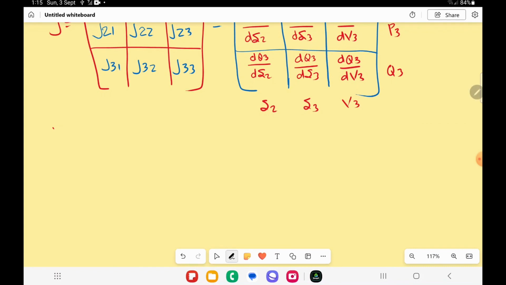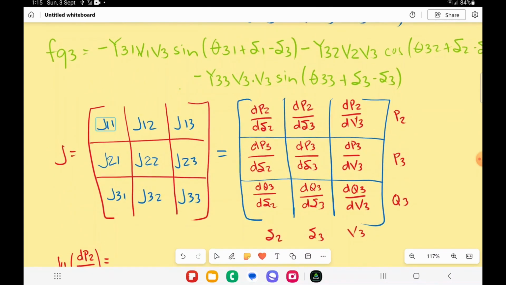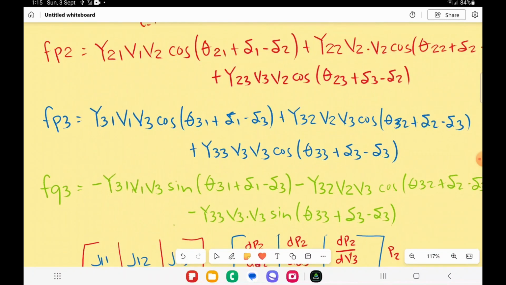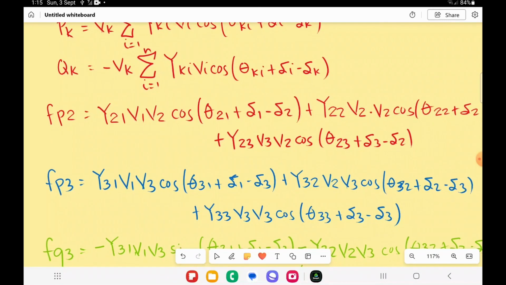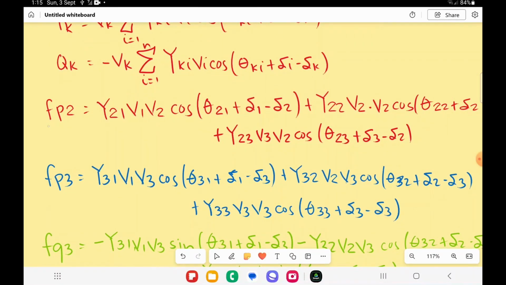So for J11, which is the partial derivative of P2 in terms of delta 2, we need to look for the functions of P2.